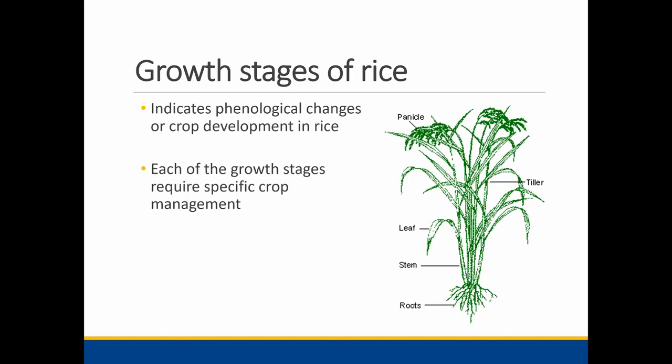I was explaining the major stages, but today we are going to learn it in detail. These growth stages in rice and any crop indicate the phenological changes. Last time I also said that when you take a crop, two things happen. One is growth, the second is development.